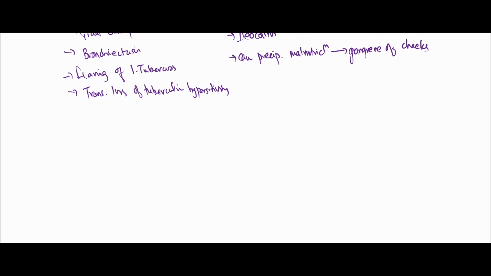Now we go on to talk about the neurological complications. Neurological complications include acute encephalitis, with 1 to 2 per 1,000 cases.